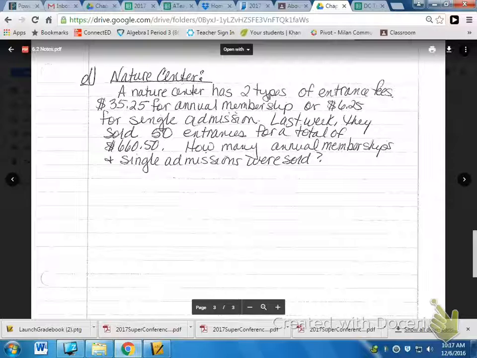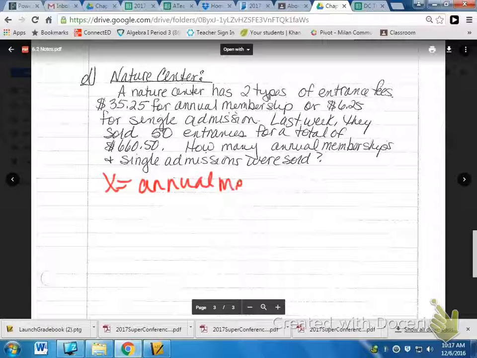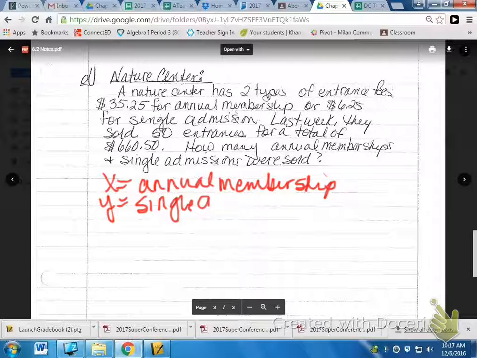I'm going to say that X is the annual membership. And you know, you could always use A if you wanted or whatever, but let's just stick with X and Y for right now. And then Y is going to be the single admission. I just arbitrarily picked. It really does not matter.